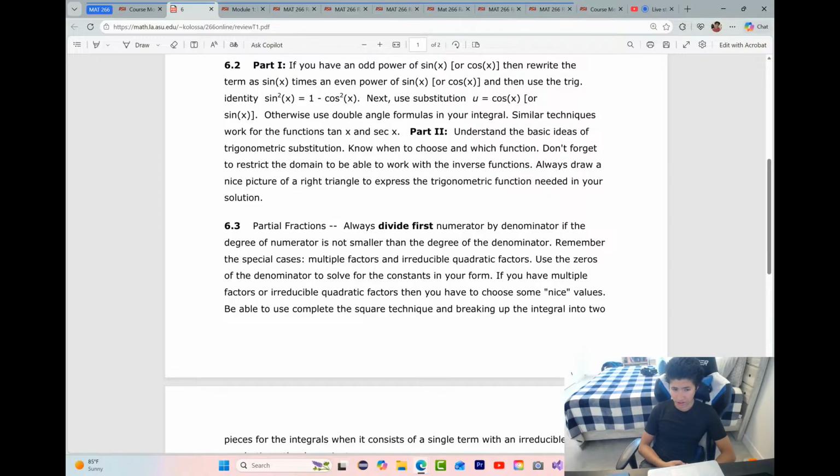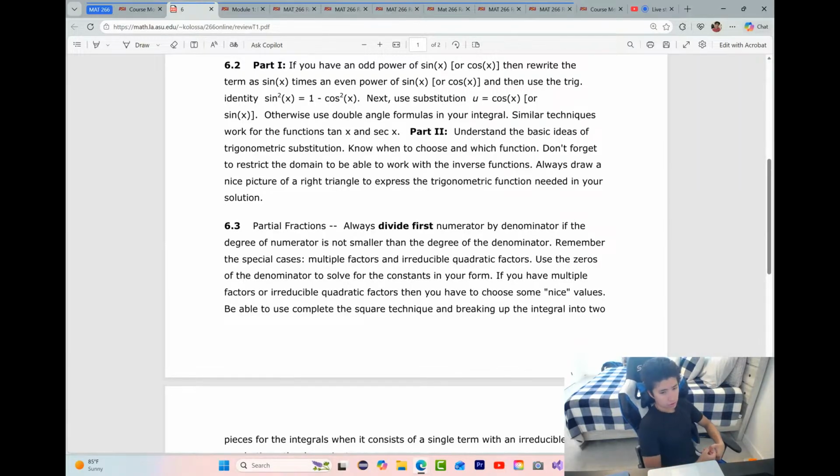So we have cosine of x to the power of 3, and we get cosine times cosine squared. Then we use cosine squared equals 1 minus sine squared of x. U substitution, u equals sine of x, and then we get a similar result. Very good.